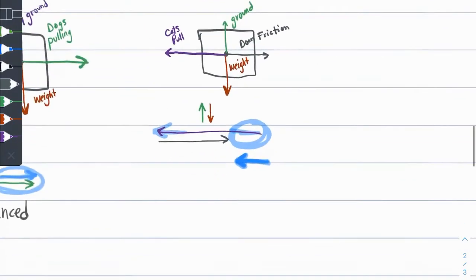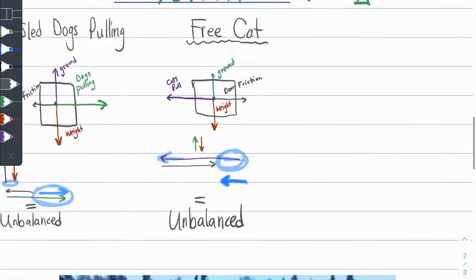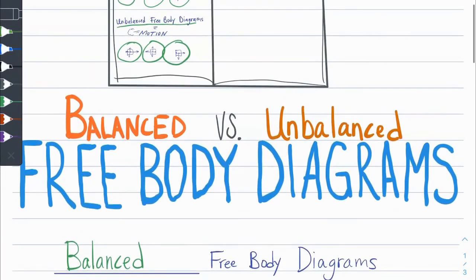So therefore, if we were to label this one, this would be an unbalanced free body diagram, and that would mean that there was motion. The cat got free. Meow. All right, so there's the main difference between balanced and unbalanced free body diagrams. Go out there, make some motion.